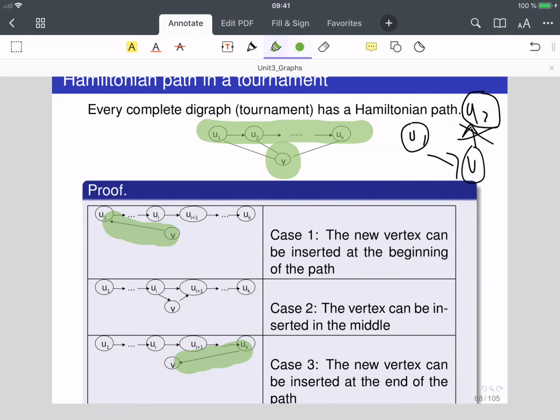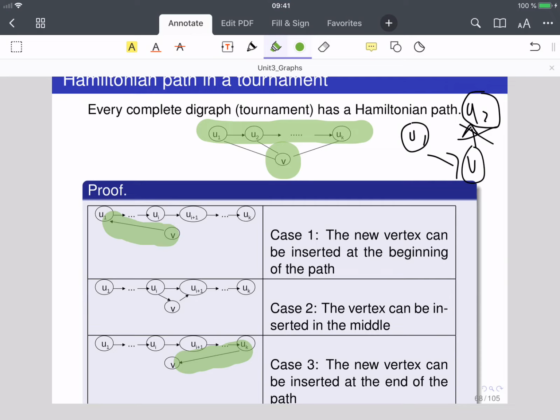So what we do, let me repeat once again, is that we write the vertices in a given order, the one that you want, and then we select the next vertex from that list, and we try to insert it in the path. Okay? If we can, we insert it at the beginning. If not, we try to insert it in the middle, and if not, we know that we will be able to insert it at the end.